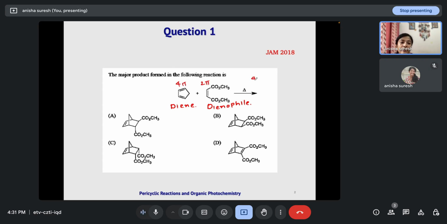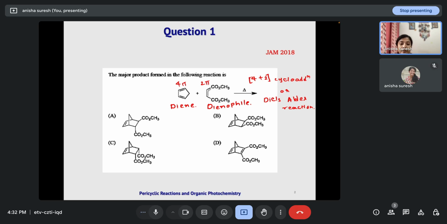It will undergo a 4 plus 2 cycloaddition or a Diels-Alder reaction giving the product. So out of these four options, which will be the major product that is formed after the 4 plus 2 cycloaddition reaction between these two substrates?